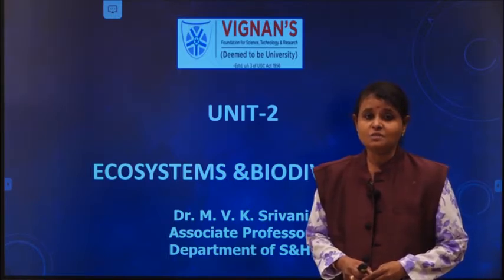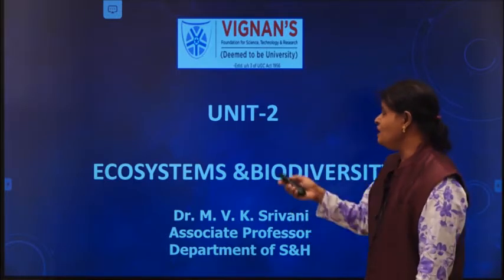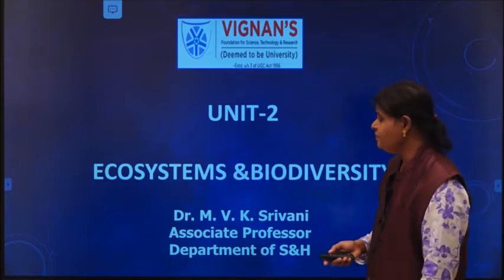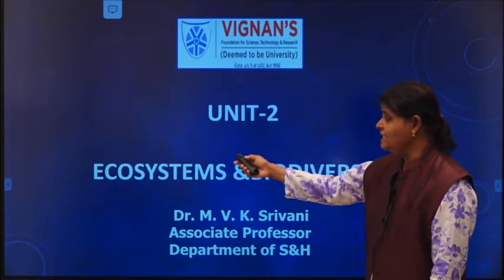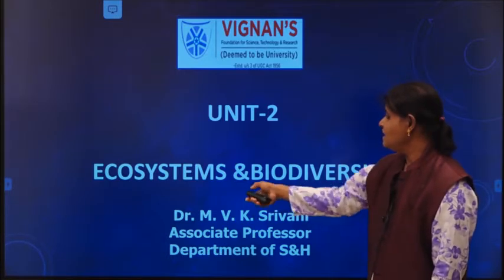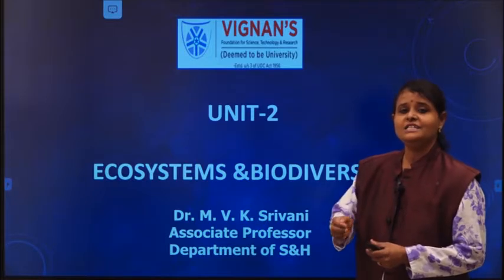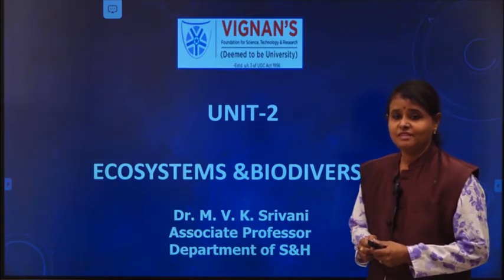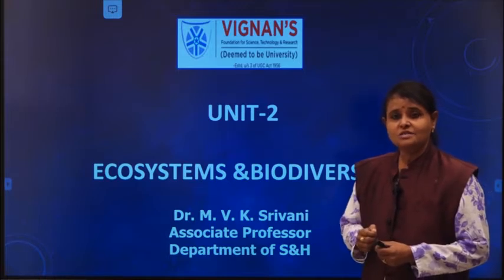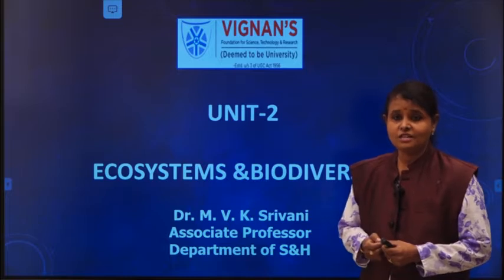Unit 2, that is Ecosystems and Biodiversity. Now, let me tell you what is meant by ecosystem and biodiversity. Eco means nature. System means assemblies of objects which are united in an interdependent manner. That means in nature, biotic and abiotic components interact with each other and also with the environment; that is an ecosystem.